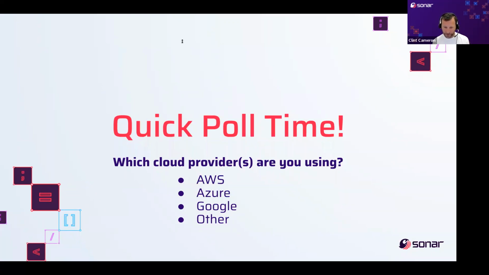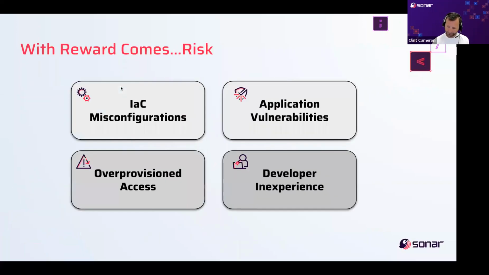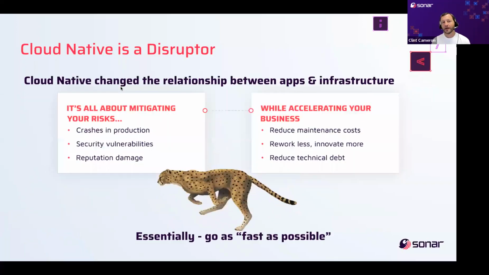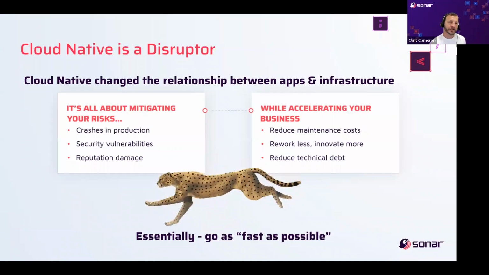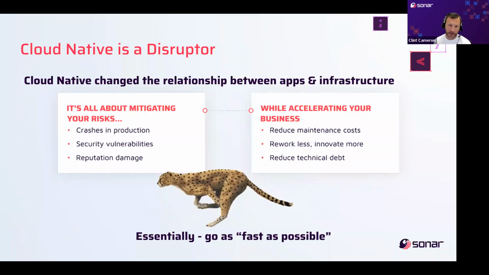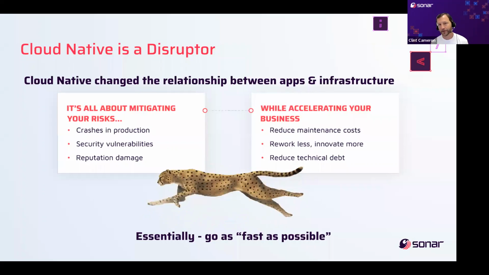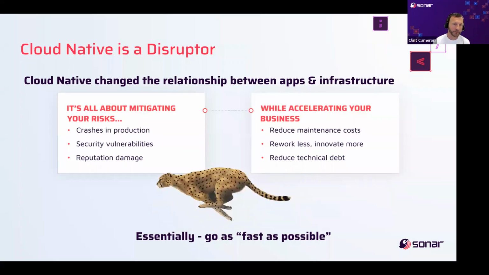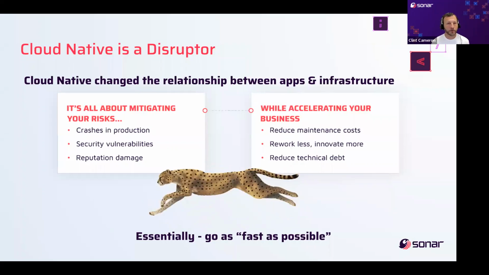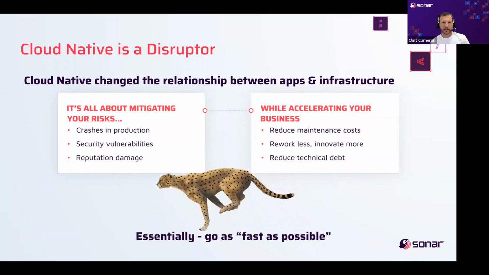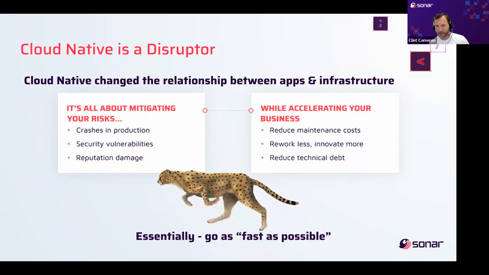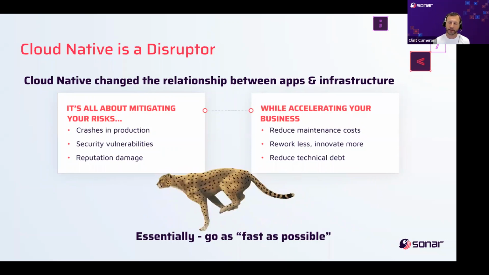Let's get started. There's no doubt, cloud native is a disruptor and has fundamentally changed the relationship between applications and how they're built and how they run. So you chose, or you're considering cloud native for a reason. Certainly there are many benefits to be had, and yet you must be deliberate in your approach.